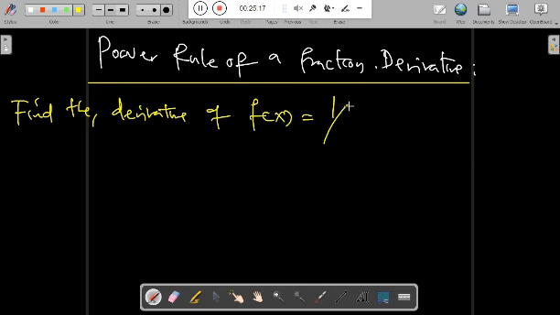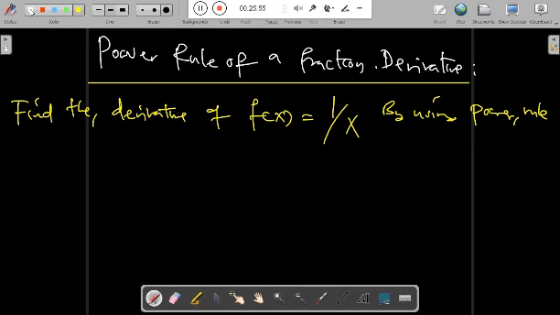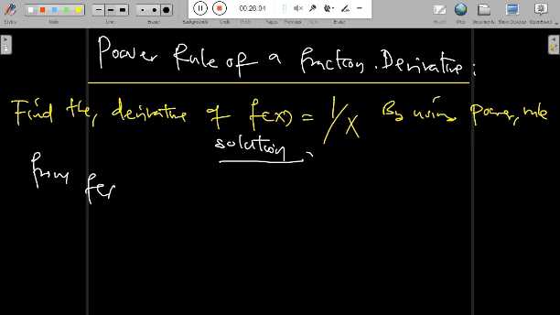Find the derivative of the function f(x), that is 1 over x. So if you decide to find the derivative by using the power rule, first of all we need to transform the equation into an inverse. This means that we transform the equation to another form. So we take 1 over x. Then when we transform it into another form, the inverse, that will be equal to x raised to the power of negative 1.